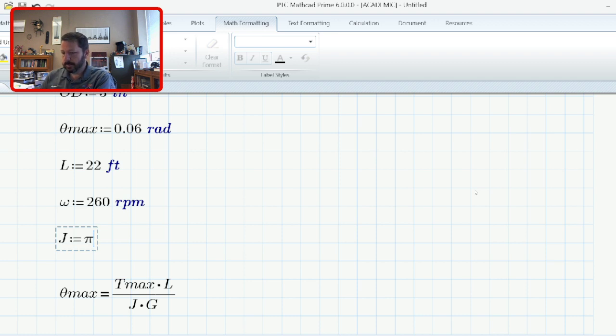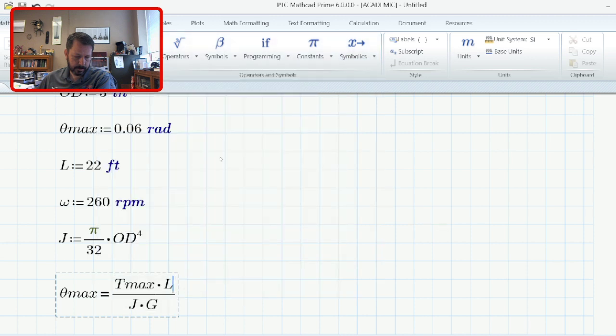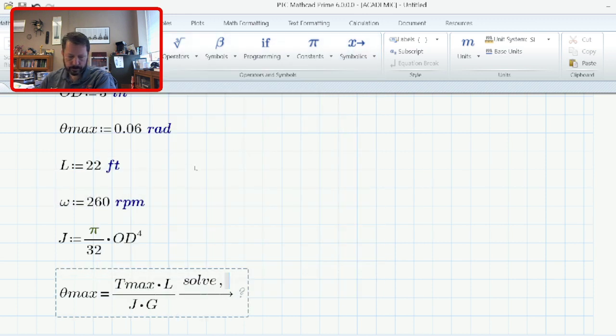I've been using the pi over 32. If you use pi over 2, then that's radius to the fourth. Pi over 32 is diameter to the fourth. Let's see if this will solve for T max. It doesn't solve for T max.